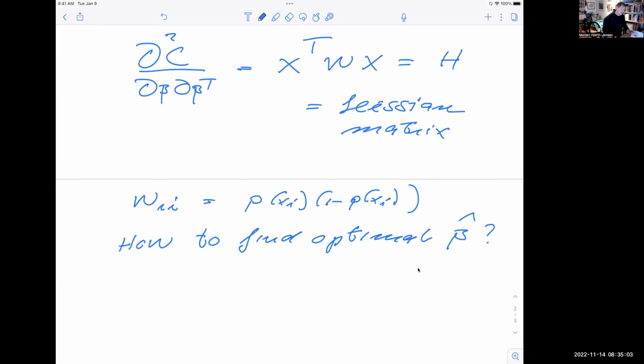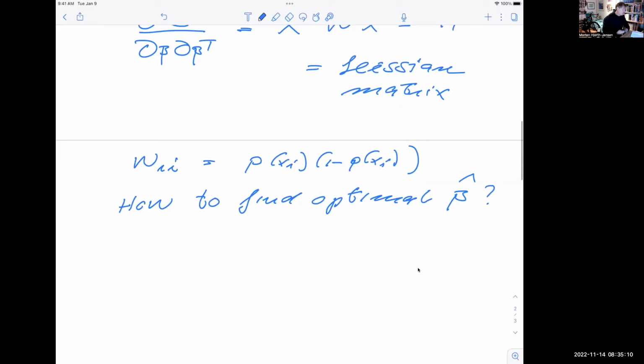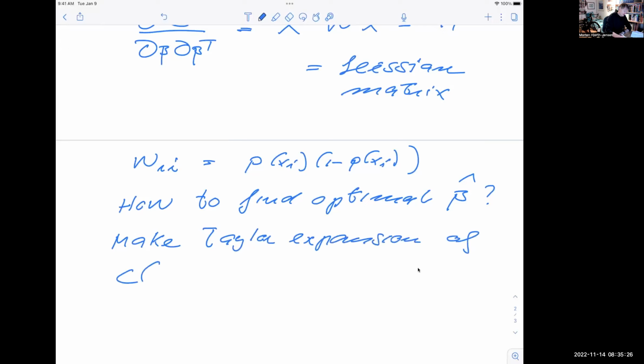We know that in order to find the optimal betas, we have to drive the gradients to 0. So let's now assume, on the other hand, that we make a Taylor expansion of the cost function C of beta around the optimal value, after we have performed a given number of iterations.